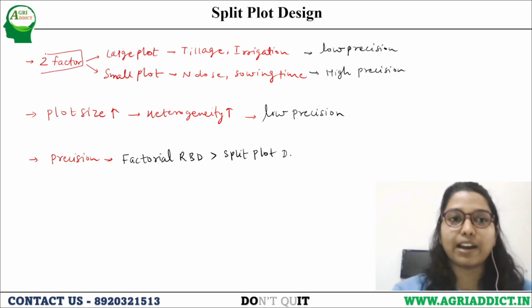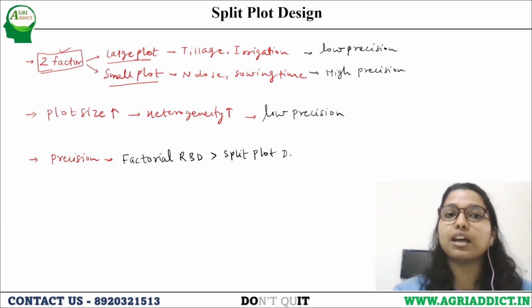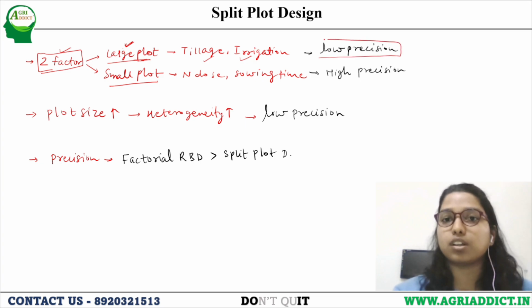Here we can study 2 factors together, in which one will require a large plot and one will require a small plot. In the previous lecture also I discussed that factors which require large plots are like tillage, irrigation. As the plot is larger, there will be chances of heterogeneity. If heterogeneity is there, of course there will be low precision in that plot.